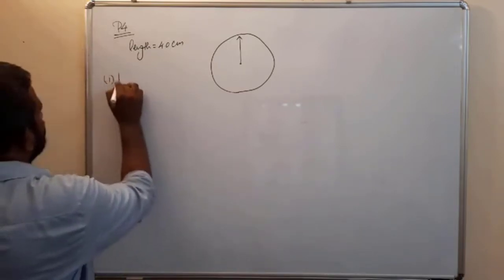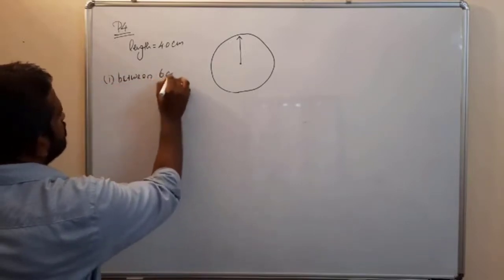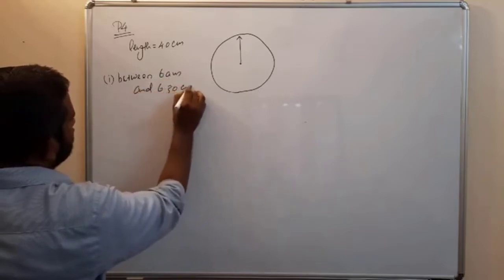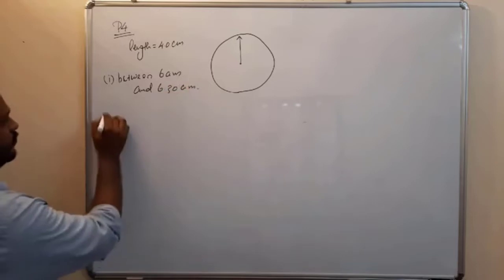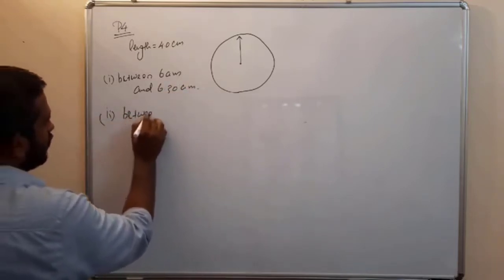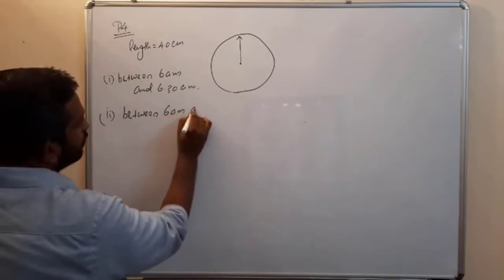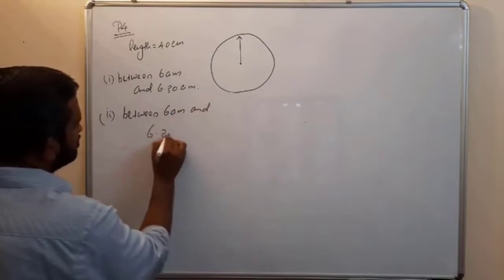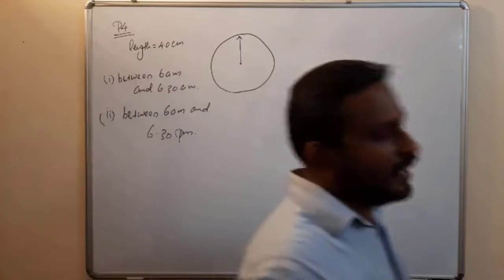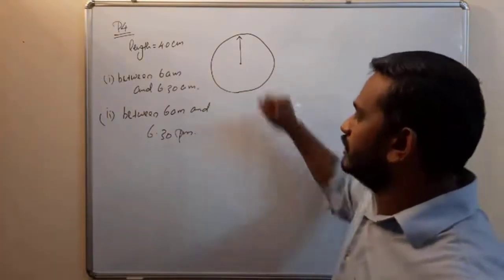1. Between 6 a.m. and 6:30 a.m. 2. Between 6 a.m. and 6:30 p.m. Clear? A table clock has a minute hand of length 4 centimeter.